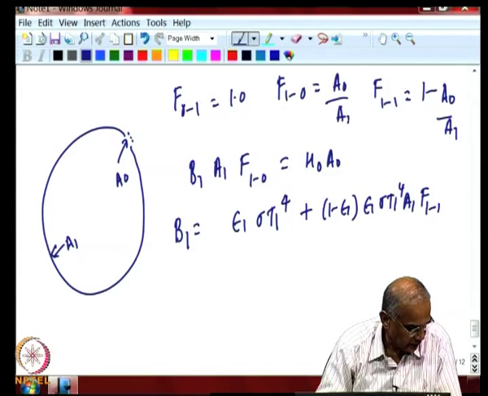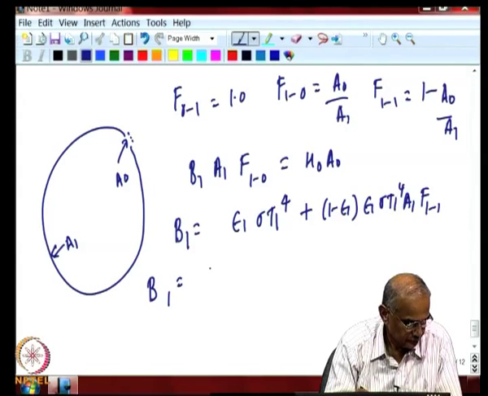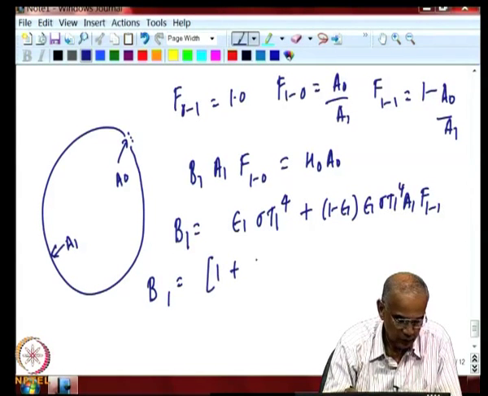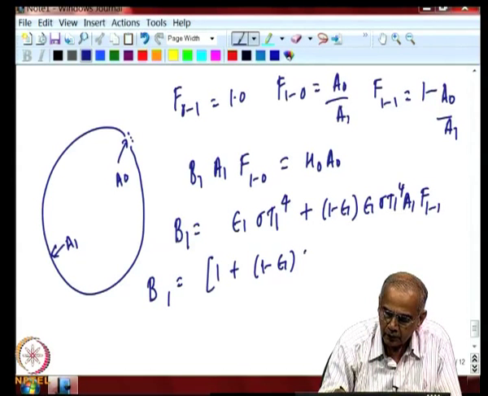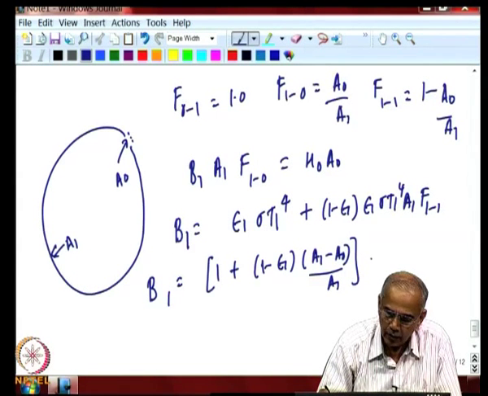Therefore, we substitute that here, you will get B1 as 1 plus (1 minus epsilon 1) times (A1 minus A0) by A1, into epsilon 1 sigma T1 to the power of 4.